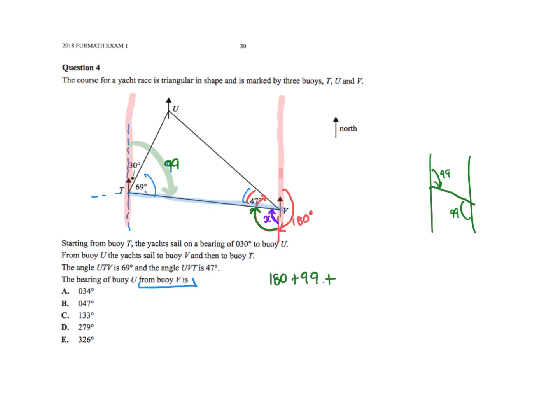So we know this bit is 99, but we have to add the 47 as well, so we can get that full loop around. So we get 47 plus 99 plus 180. So we get 326, which is that one.